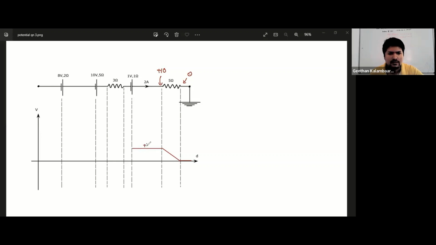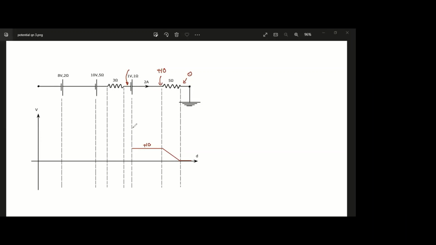What is the potential on the other side of the cell? It's plus 11. Plus 11, yes.